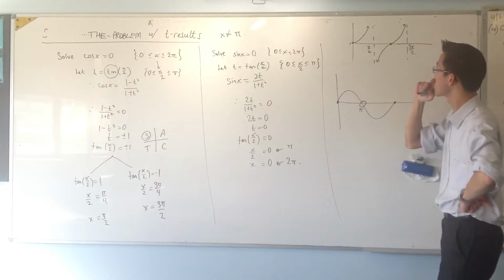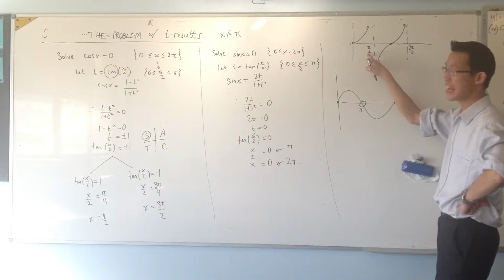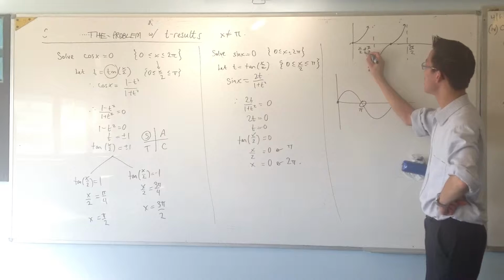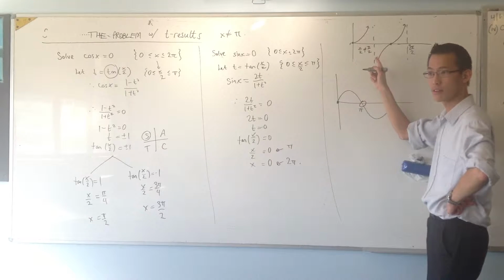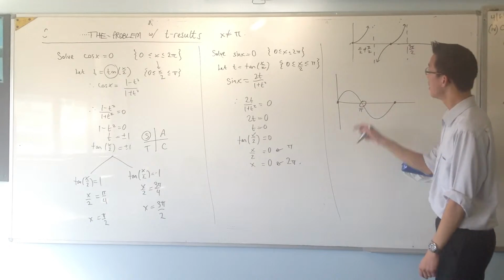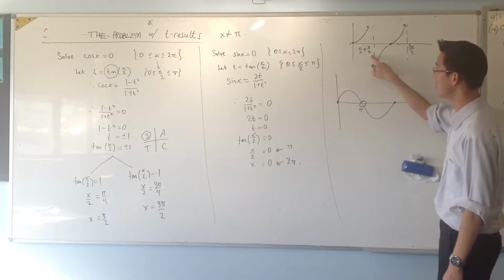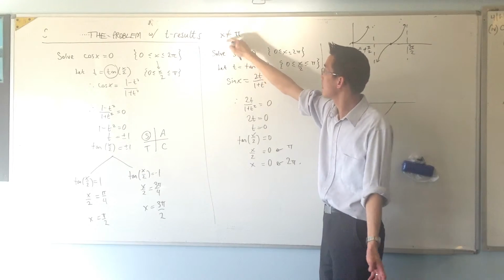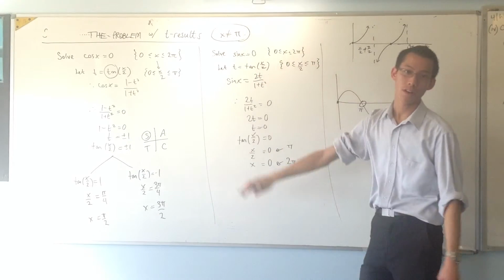So remember, this is x on 2. So x on 2 can't equal pi on 2. It can never equal pi on 2. Your calculator will melt down, okay? So if x on 2 can't equal pi on 2, therefore you just multiply through by 2, and you get this result, okay?